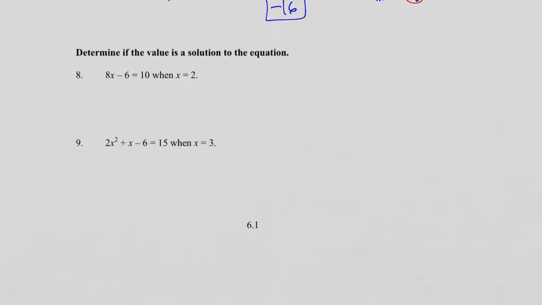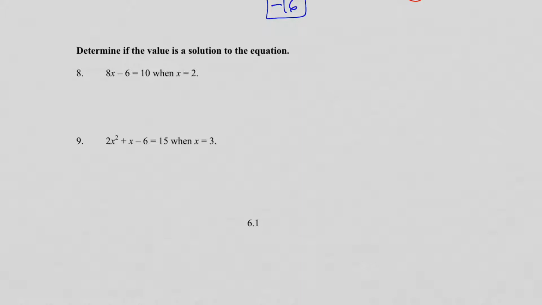Okay, let's take a look at a solution to an equation. A solution to an equation is the number that replaces the variable to make the equation a true statement. Okay, so what we're going to do is evaluate this to see if we get a 10. So we're going to put the x right in there.